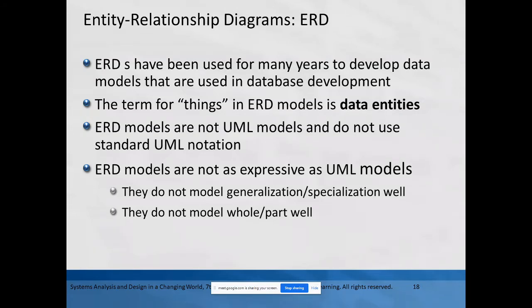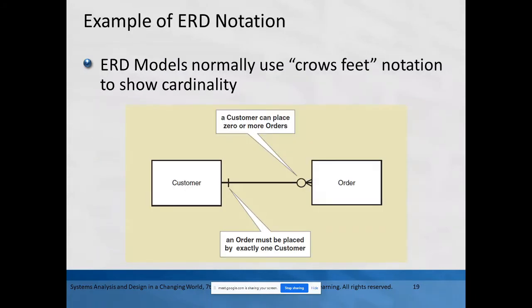They do not model the whole and part well. I don't agree with that. They model the whole and part just fine. And so we'll come back to that. All right. So you saw me do some of this with the little ERD that I created for customer and order, where you have the one side being indicated by the single slash, and then the many side with the crow's feet.